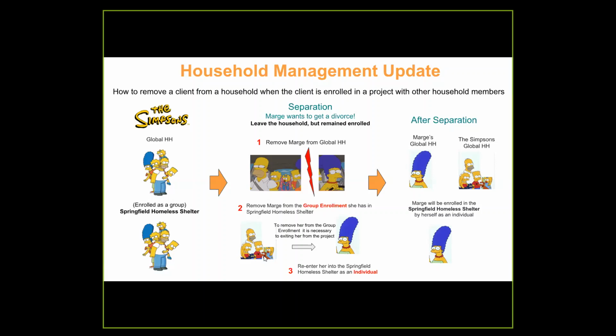For example, in this case, Marge is only enrolled in one project, the Springfield Homeless Shelter, but if she were enrolled in other projects with the Simpsons, we would have to do step 2 and step 3 for each one of those projects. The reason is that any changes we make in the global household don't have any effect on the project enrollment. That's why step 2 and step 3 are necessary.